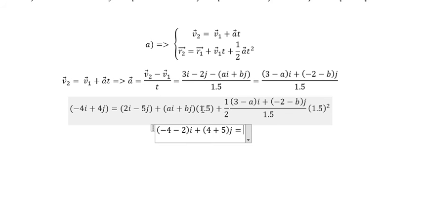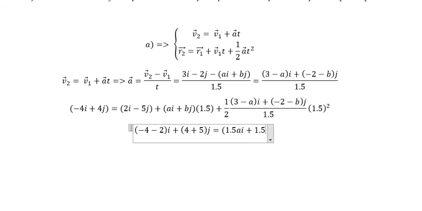In here we have 1.5, we multiply with a and b, and we simplify the number, and you get 3 over 4.